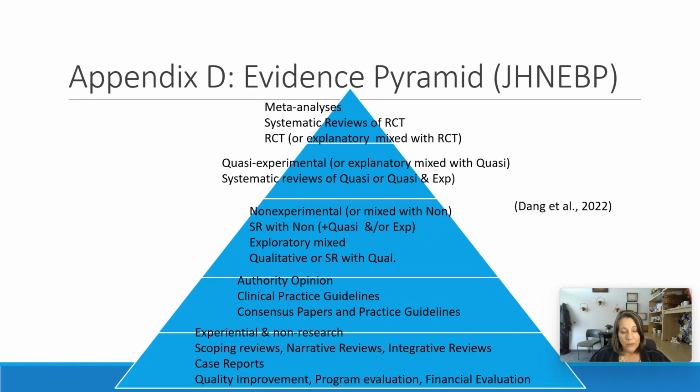Or a narrative review, which is actually what most of our groups are probably doing with our research groups right now, is we're looking at just gathering all the evidence that we can find and creating a narrative review. Or an integrative review, looking at integrating several sources. Similar to a narrative review, but it has a little bit different structure in the way that it's written up.